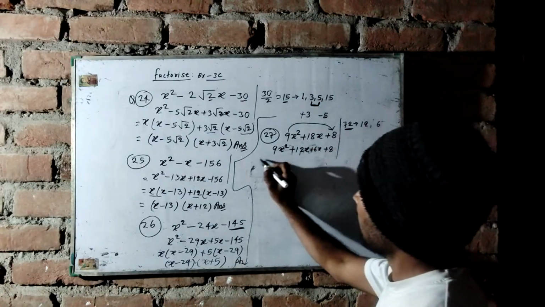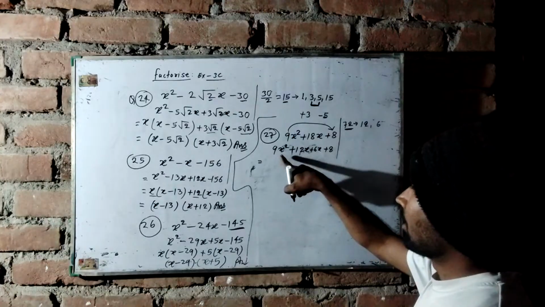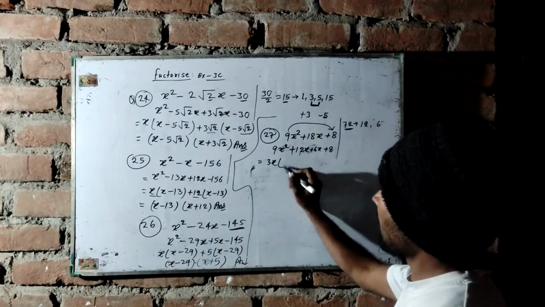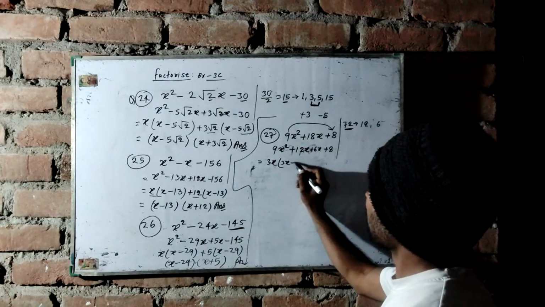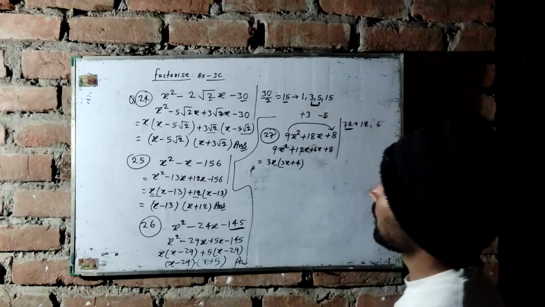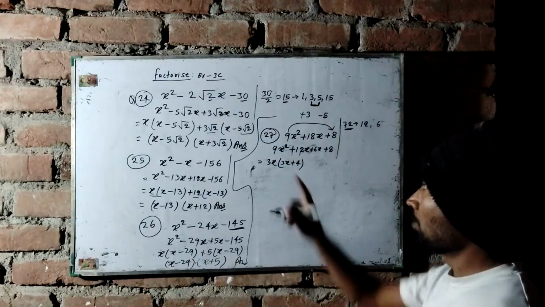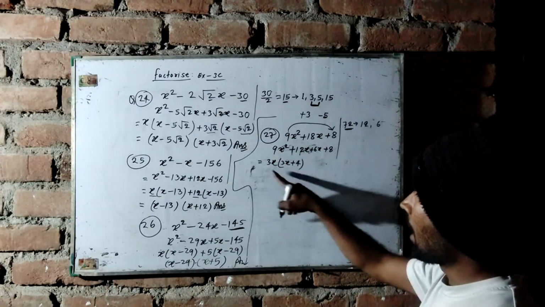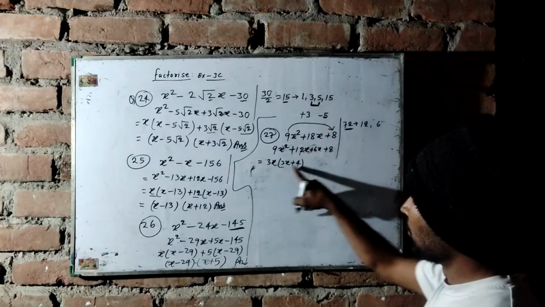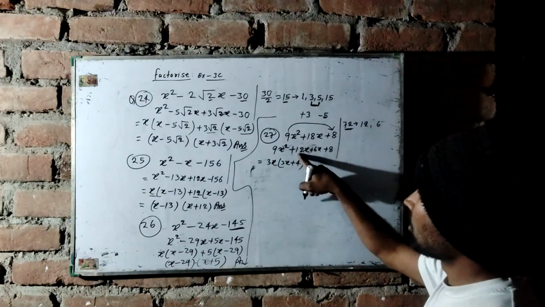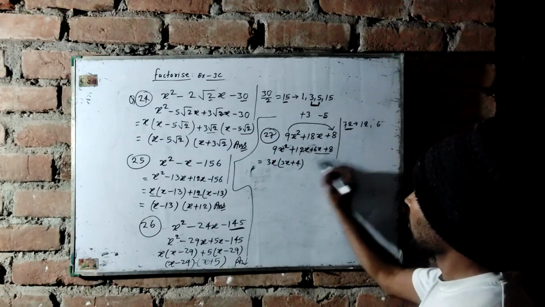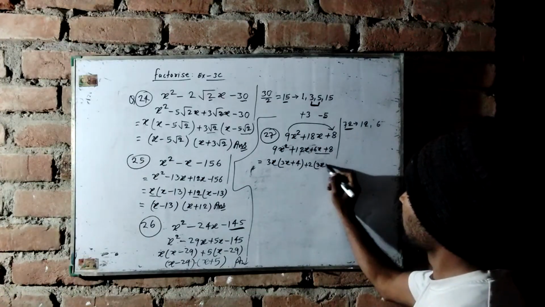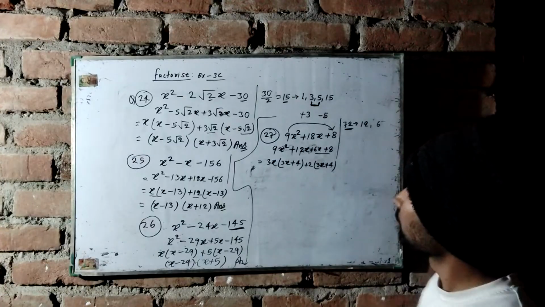So now we can take 3x as a common and we can write 3x plus 4 as a multiple, because if you multiply this number with this number you will get this number, and if you multiply this number with this number you will get this number. Now we take plus 2 as a common and we can write 3x plus 4 as a multiple.